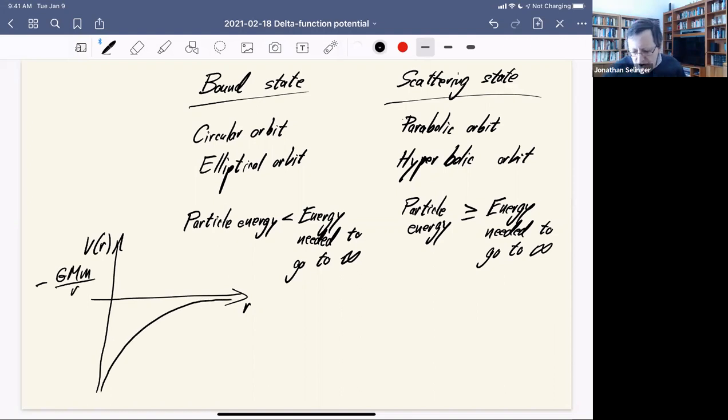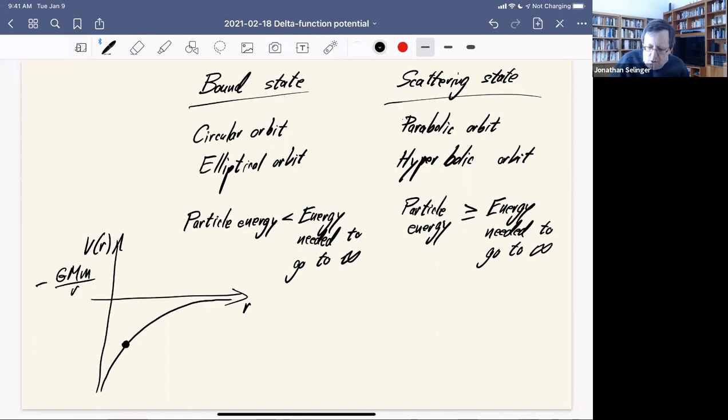If the particle starts on the Earth, it has a negative potential energy, something like that, where that's the radius of the Earth. And then the particle, the rocket, also has some kinetic energy from when we launch it. So then you could say the question is, what's the sum of the potential energy and the kinetic energy?